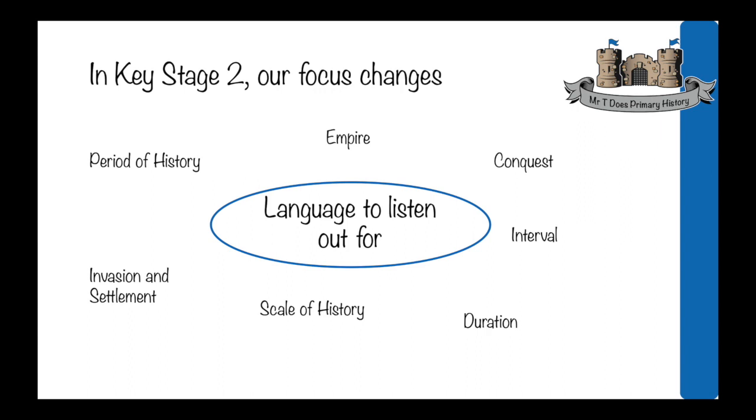Interval is the amount of time between two things happening. Duration is the amount of time something lasts for. The scale of history is where we think of history having a mathematical scale to help us understand interval and duration. And then invasion and settlement is where a group takes charge of another country by invading it, so that's using military force to attack.